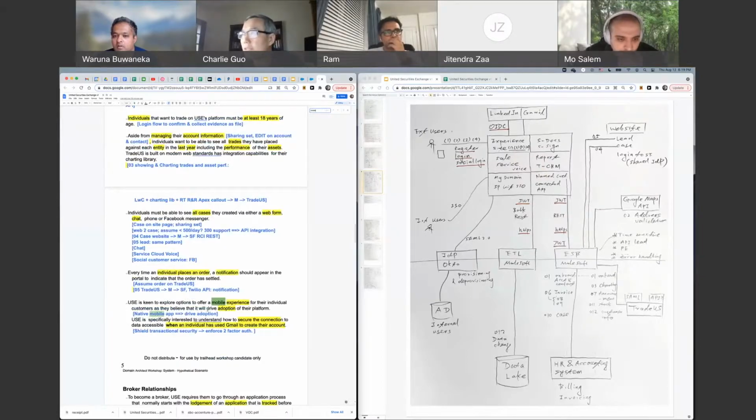We want to drive adoption of their platform by offering mobile experience, and a mobile publisher app definitely does not drive adoption, and a hybrid app is doubtable to be able to do that. So to attract people, to drive adoption, we need something that performs, and we need something that's sleek. Okay, we can move on.